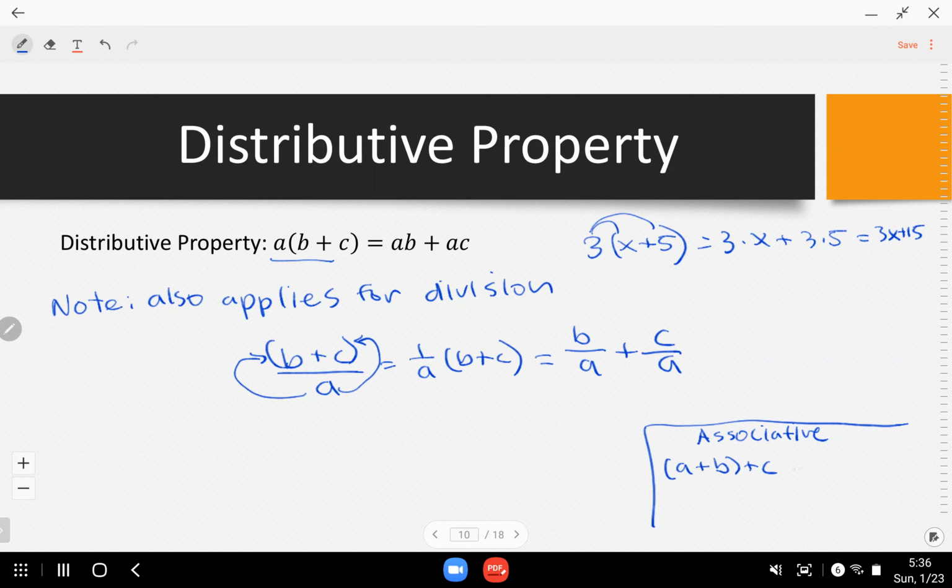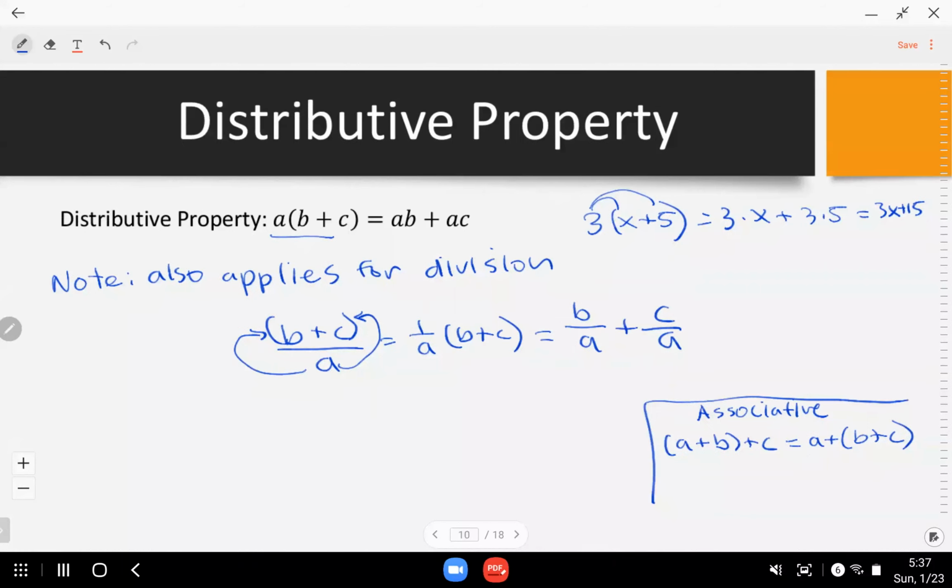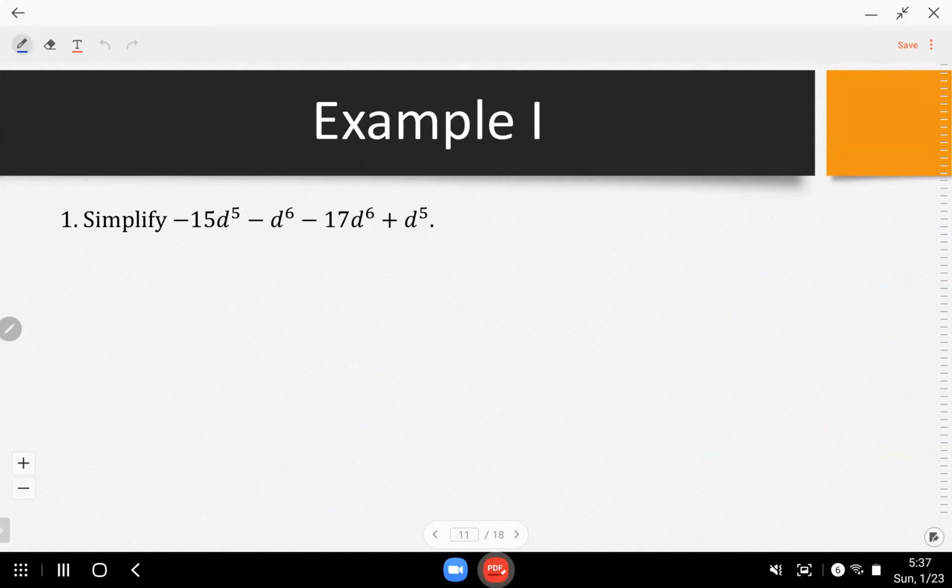So you can also rearrange it like (A plus B) plus C, or A plus (B plus C). Basically, associative means rearranging parentheses. But it's pretty easy, pretty self-explanatory, so don't worry too much about it.